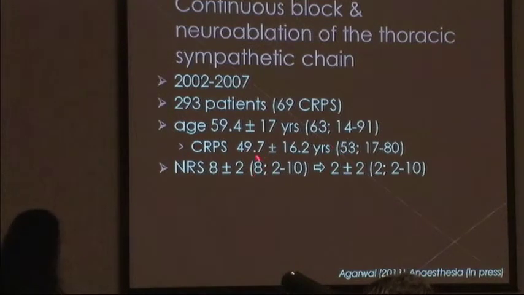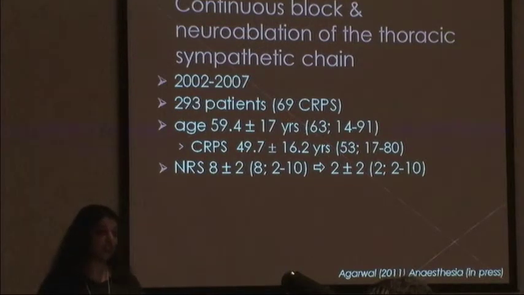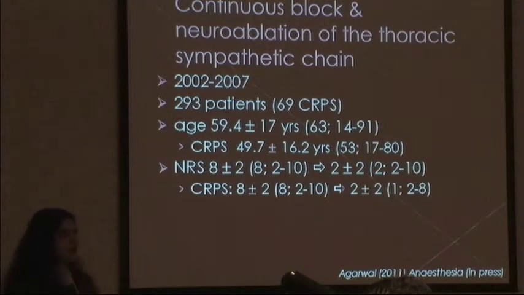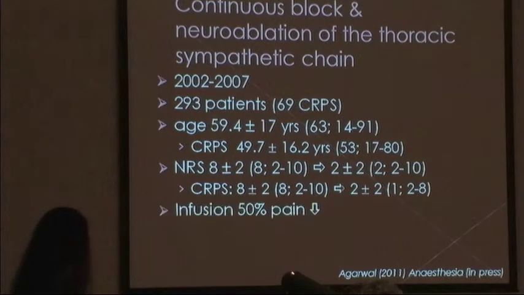This is the median. Not in all of the patients, but in about 84% of the patients we could decrease pain intensity. And also in CRPS, we had the same results with even a better outcome.